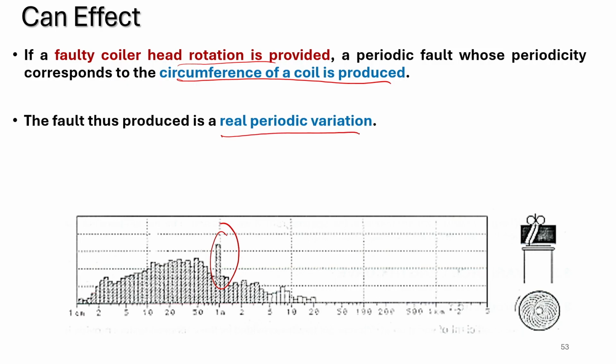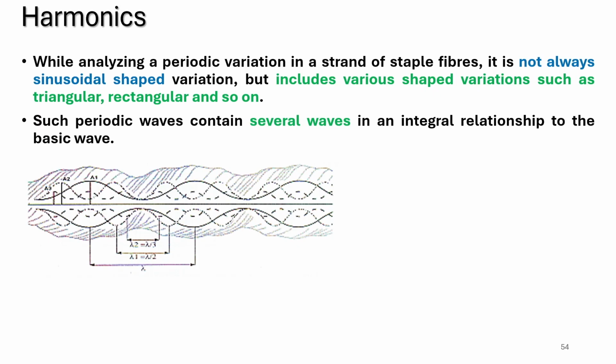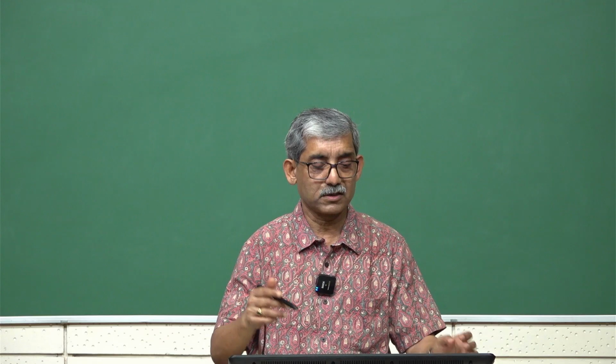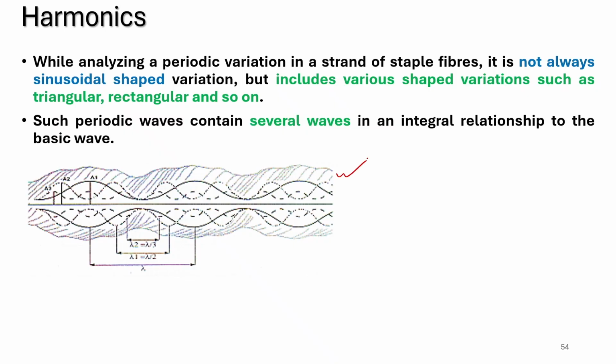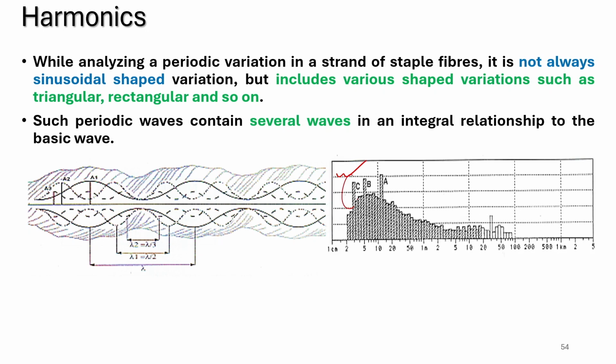So in the Drawframe we get this type of fault. Harmonics means that there may be conditions where many such periodic faults are overlapped. So several waves are there, and in that case we get multiple peaks.